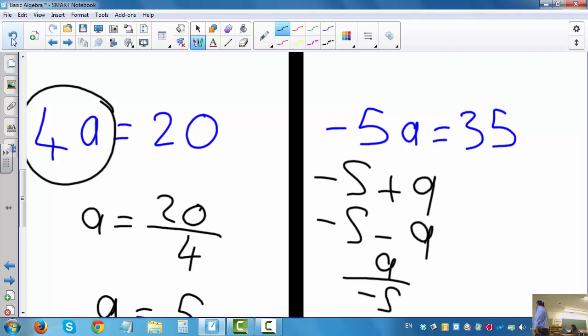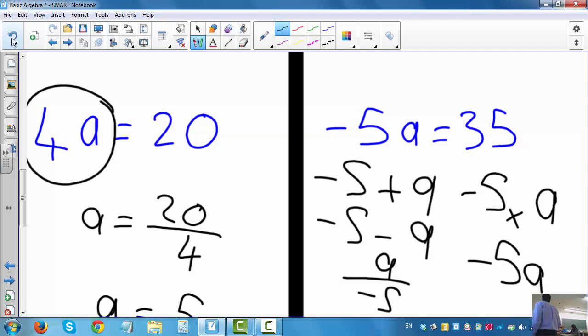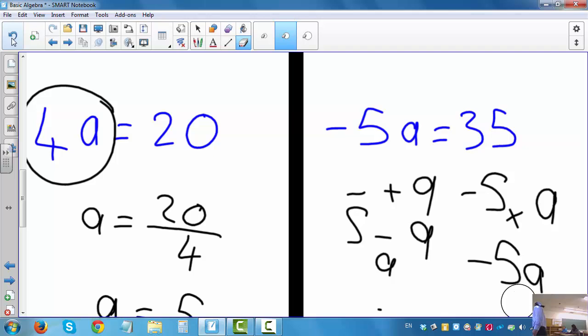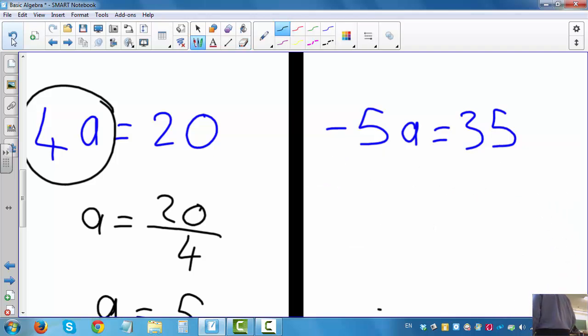Multiplication is this, minus 5 times A. And usually we always show it like that. We ignore the multiplication sign. Therefore, I am looking at a multiplication here. This is not a subtraction. Please remember that.